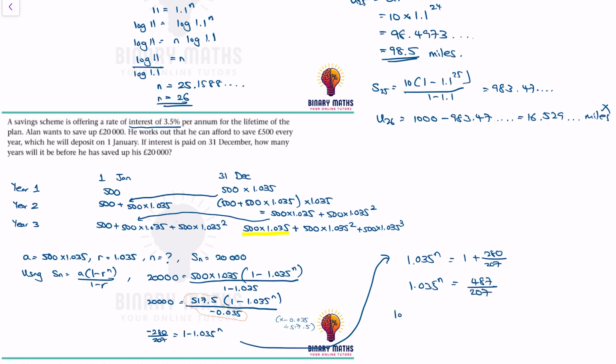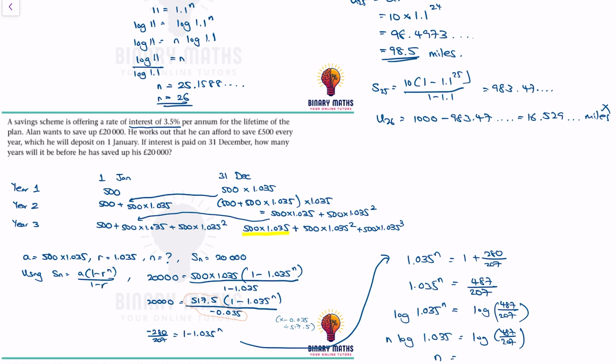If I take logs now, log of 1.035 to the power of n is equal to log of 487 over 207, which means n log of 1.035 is equal to log of 487 over 207.